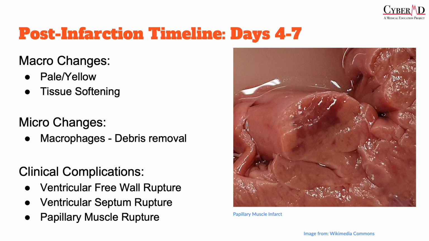Finally, during this time period, 4 to 7 days, patients may also suffer from a rupture of a papillary muscle. And that's often on the left side of the heart, which means it's going to result in mitral valve insufficiency and regurgitation. Remember that when a papillary muscle ruptures, it impairs the normal functioning of the affected heart valve.